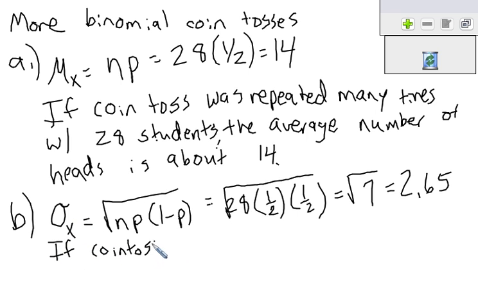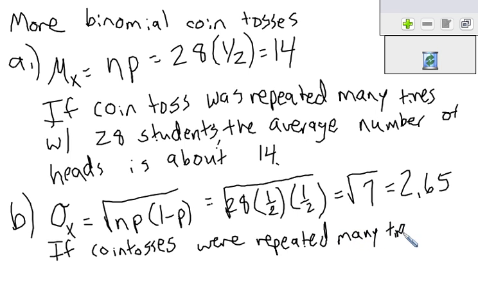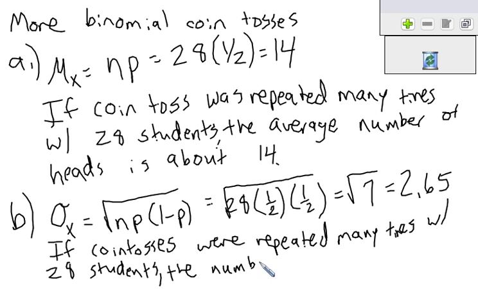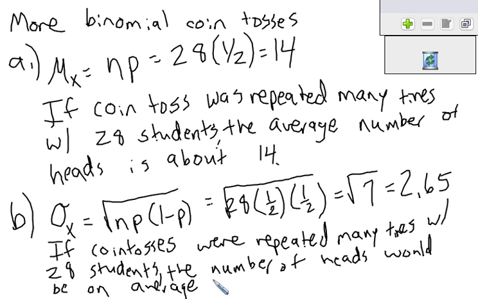If coin tosses, I'm going to make that one word because I can, were repeated many times with 28 students, the number of heads would be, I'm running out of room here, on average 2.65 away from the mean, which was what we did in part A. And I'll go ahead and mention that. Sometimes they might count off for not mentioning that.